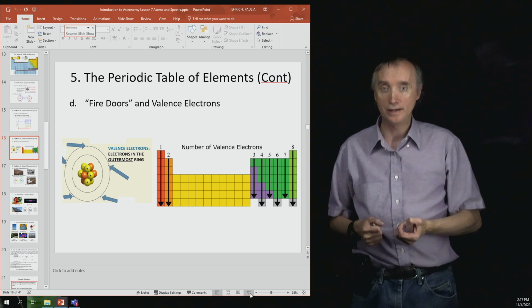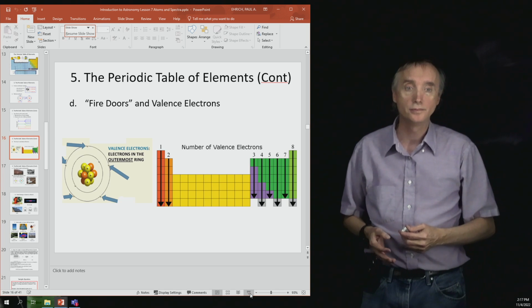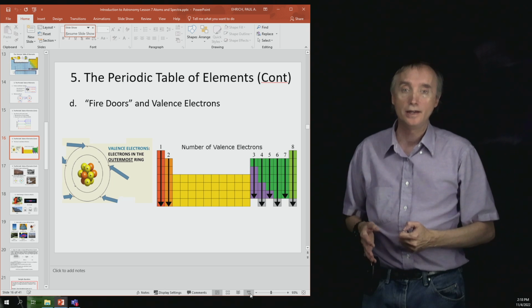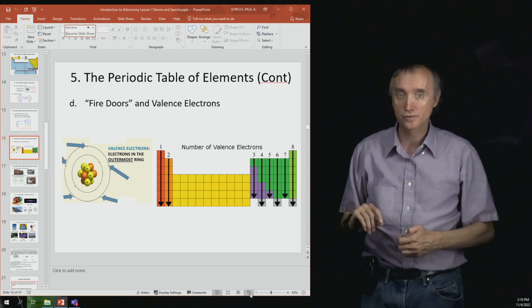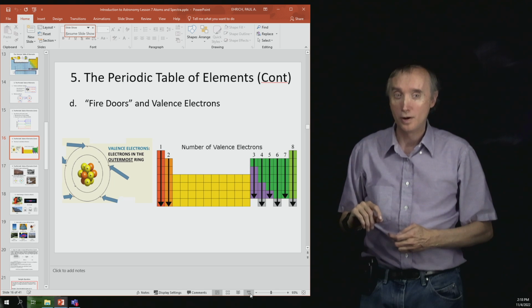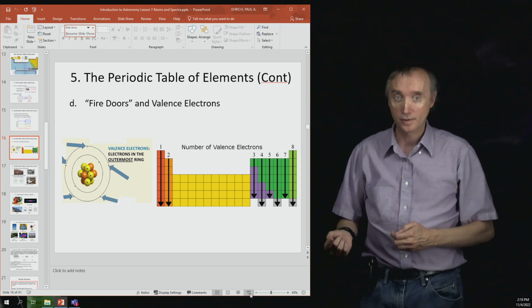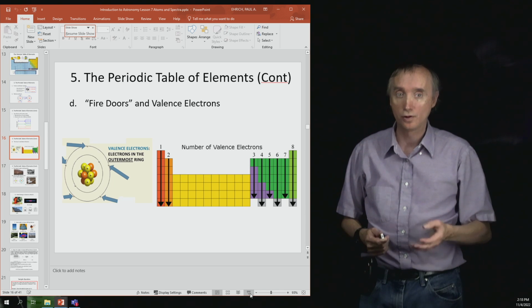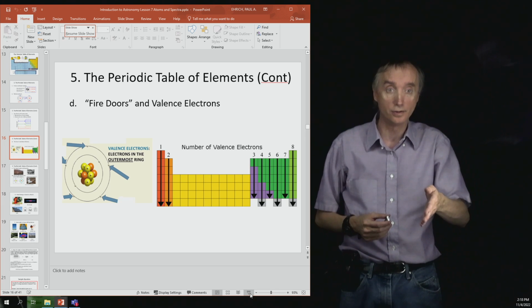In chemical reactions, atoms are going to beg, borrow, and steal so that they get to this magic number of 8. So let's go back to sodium. Sodium's in column 1. It's got one outer electron, so it's got a choice. It could grab 7 electrons, but it's easier for sodium to get rid of 1 electron, and then it would think it's neon. If you look up neon, you'll see that neon is in that 8th column.